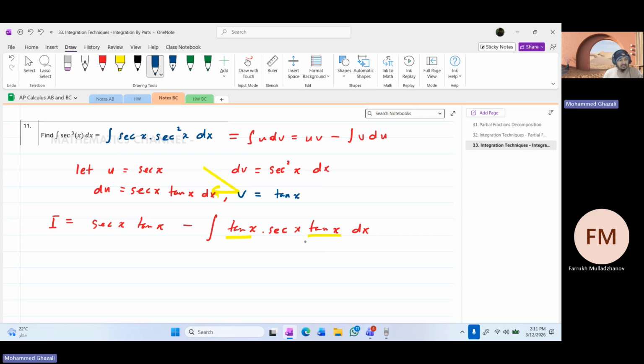Now, what is tan squared? Tan squared is sec squared minus 1. It's an identity.